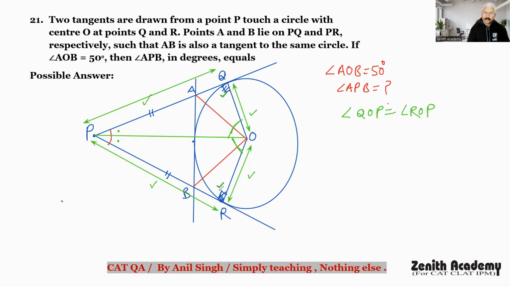After this, if we take another triangle AQO, and suppose this point is M, then now triangle AQO and triangle AMO.